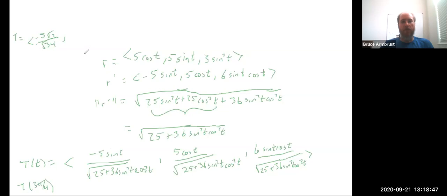Then for the second one, cosine of 3 pi over 4 is negative, so we'll get negative 5 root 2 over 2. But again, that's over the square root of 34.